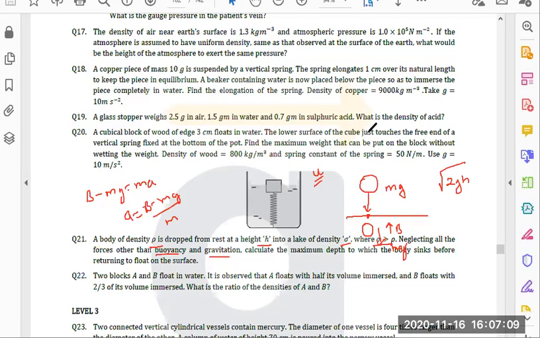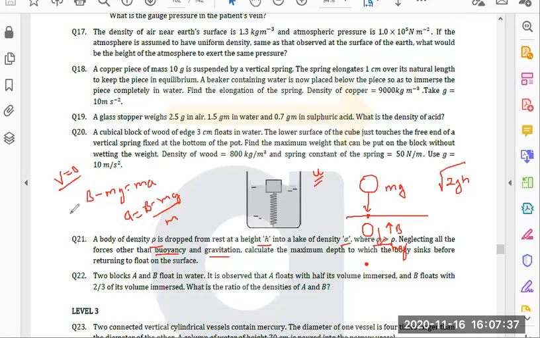Now, just try to imagine this. You don't have to just think about the equations. You drop something in a bucket and it goes down, then it comes up. So when it goes down, at one point it becomes stationary, the velocity becomes zero. So V is zero. Now you have u, you have v, you have acceleration.